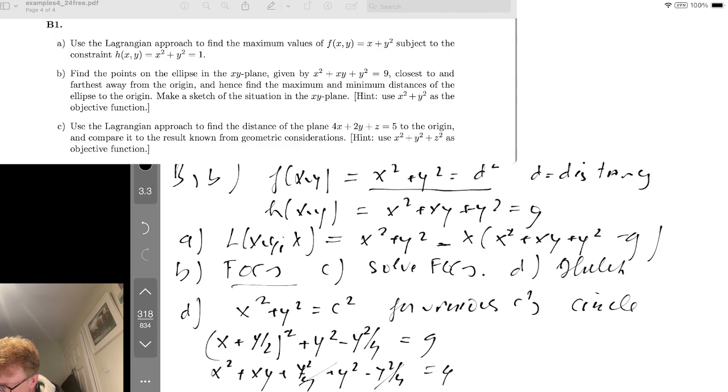So then this is (x plus y over 2) squared plus 3/4 y squared is 9. Well, you can draw some points on the ellipse.